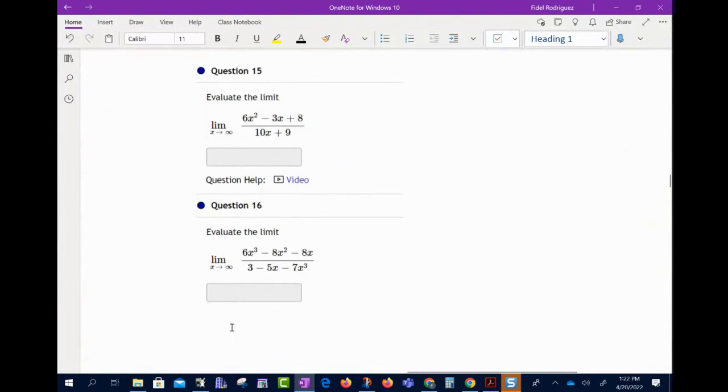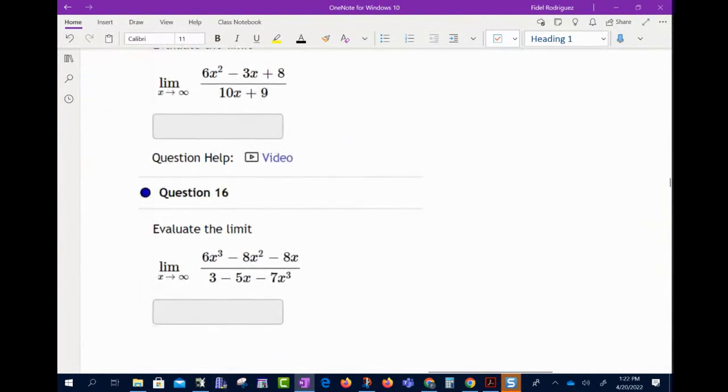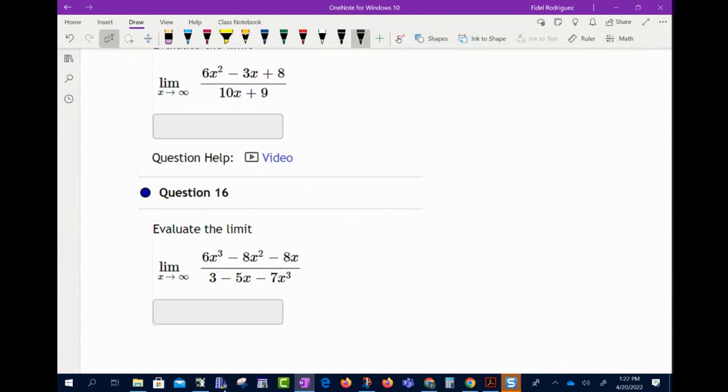Okay. All right, so let's take a look, y'all. I'm going to do the same approach here. So I want you to notice in the top problem, I can factor out an x squared, and I'm left with a 6 minus 3 over x plus 8 over x squared.